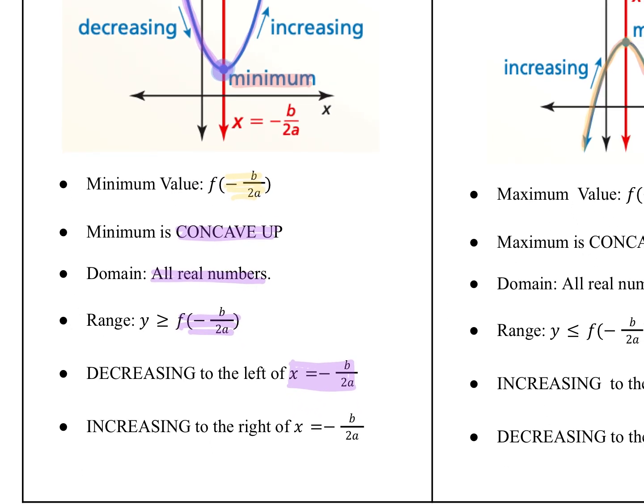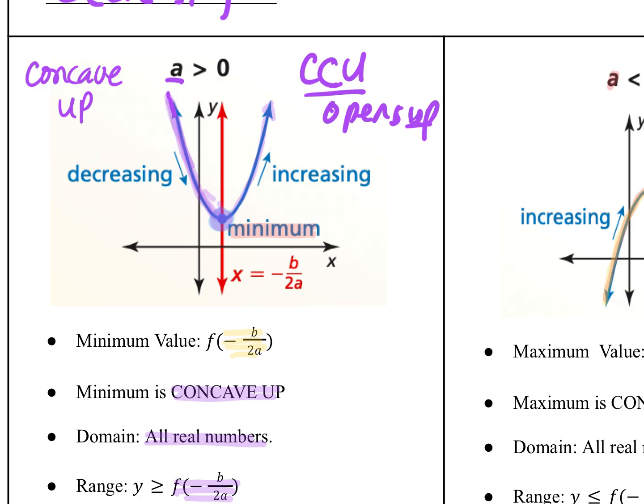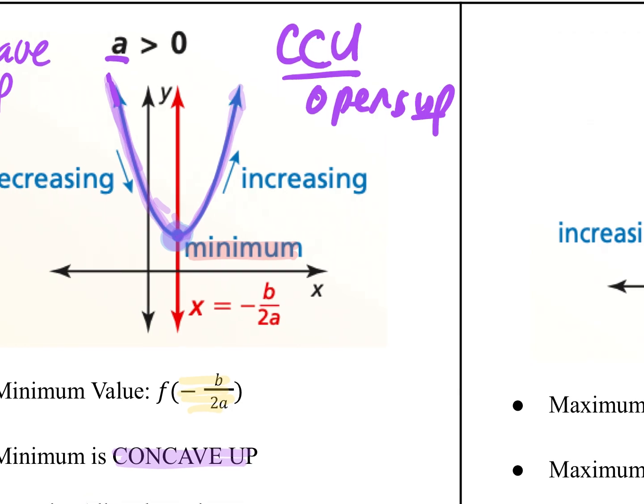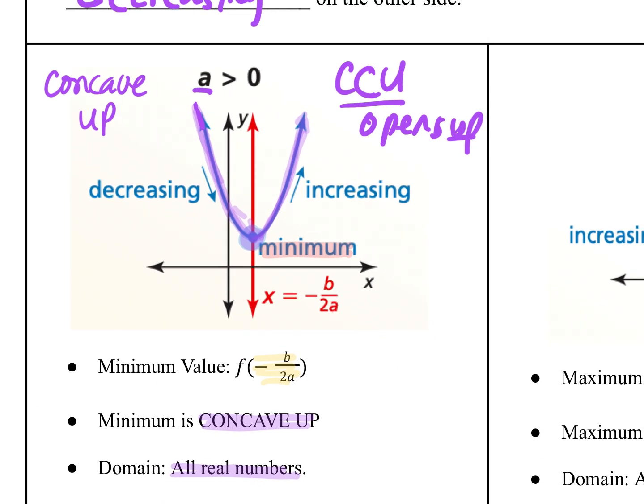And it's going to be increasing to the right side. Here, this is your left side, this is your right side. So from the vertex, it's going to go up again in order to complete its concave up.